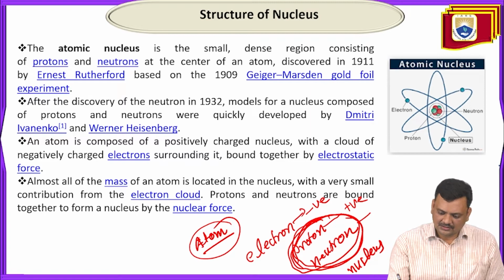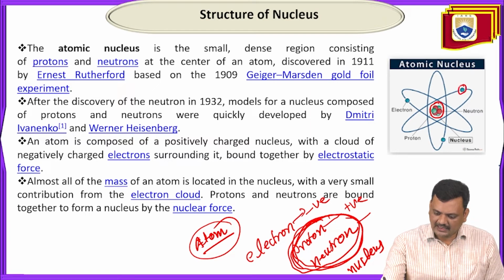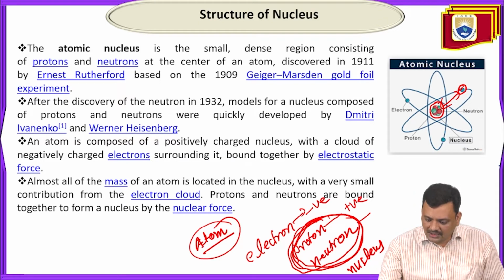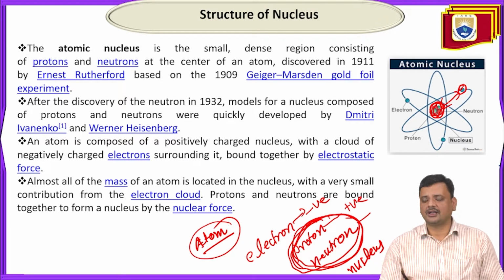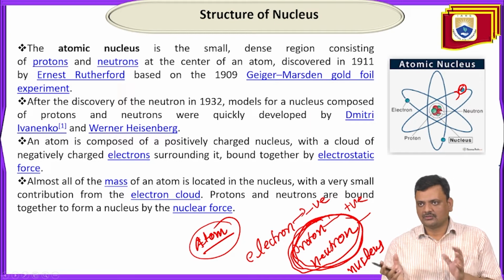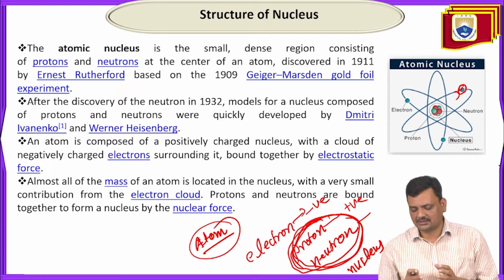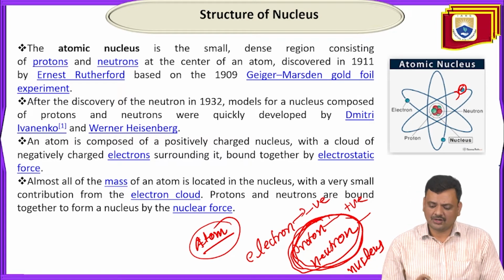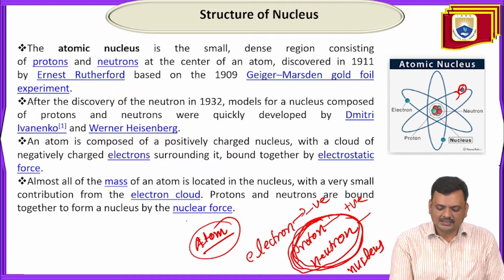Now the nucleus and the electrons are attracted by Coulomb force of attraction. But why are the proton and neutron bound together? The force that gives the bound state of these protons and neutrons in the nucleus is known as the nuclear force.